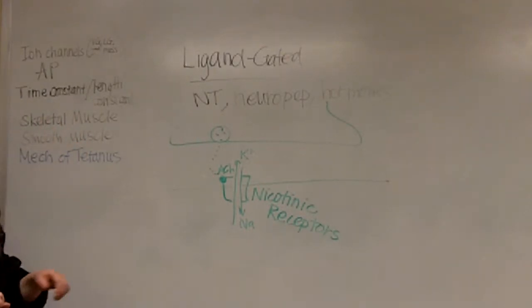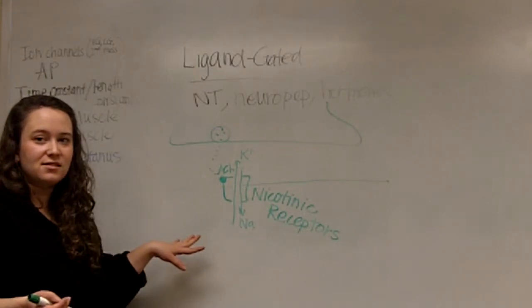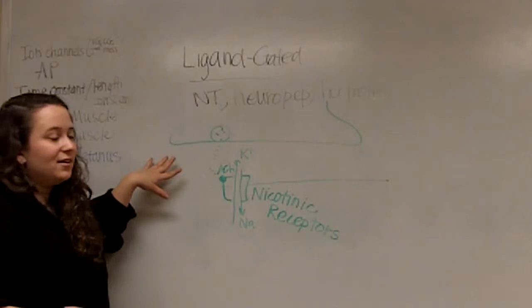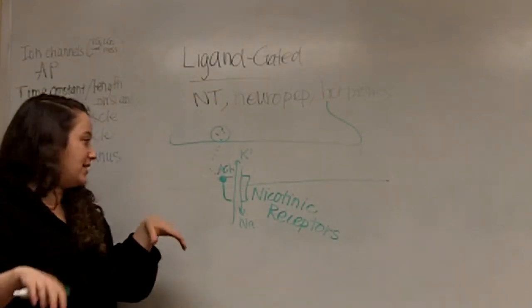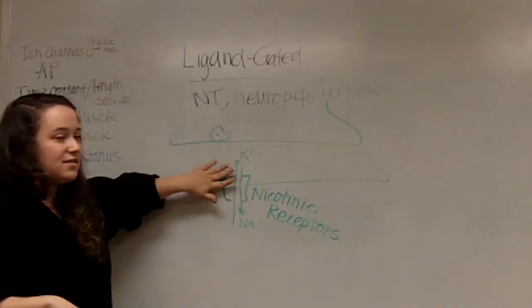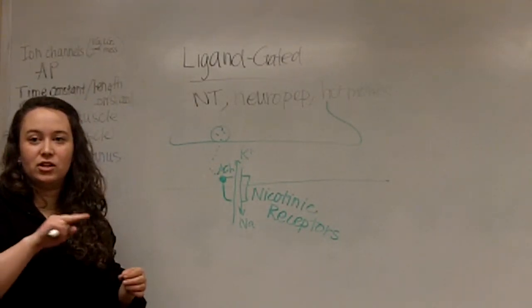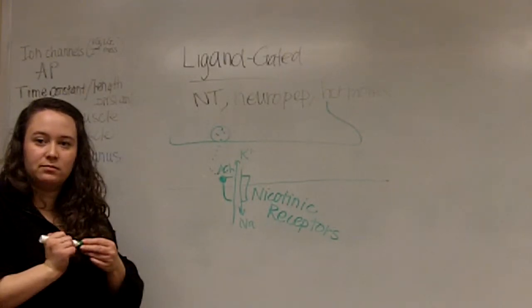Okay. And then remember how we talked about acetylcholinesterase? Acetylcholinesterase is kind of like a vacuum. All the acetylcholine that was released, it just comes in and it sucks it out. And when it removes this from the receptor, the ion channel closes. And then the sodium potassium can't go in and out again.